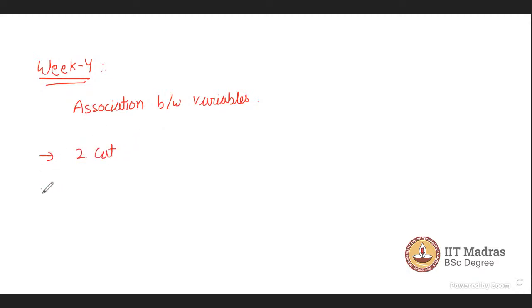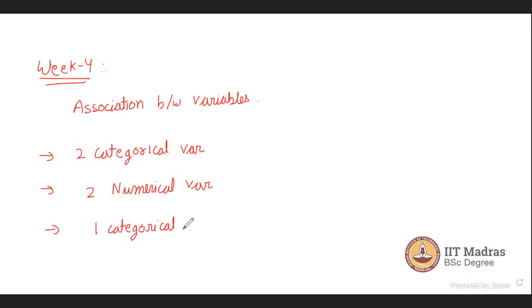There can be three cases mainly: two categorical variables, two numerical variables, and the last one, where one of them is categorical and one is numerical. So we will start with two categorical variables first.